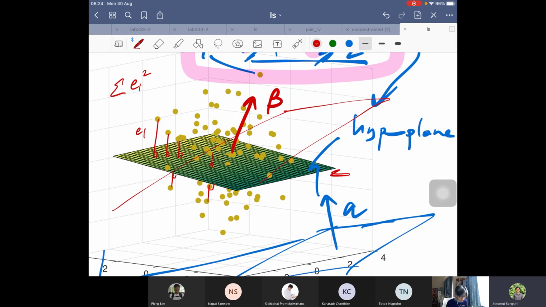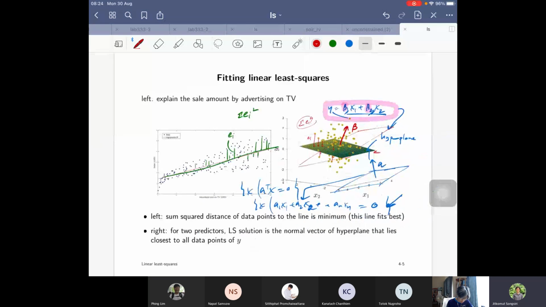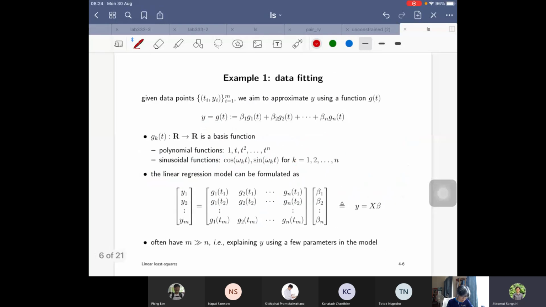If you use another hyperplane that is not returned from the linear least square set, of course the sum of squares of the error would be higher. So that's the meaning of linear least square.